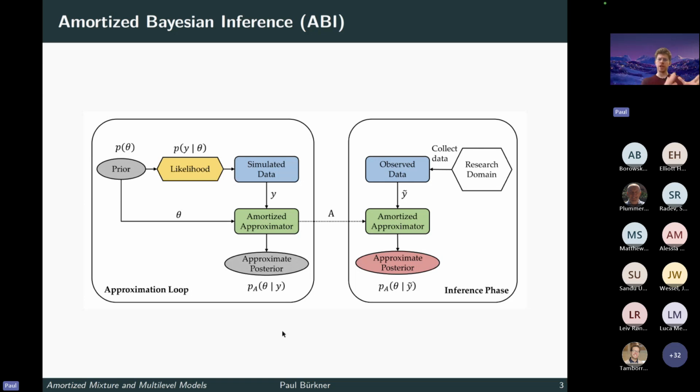So during the training phase, during the approximation loop, we are learning to approximate a posterior distribution from simulated data only. So we are simulating from our prior, we are simulating then from our likelihood, our data, and this goes into an approximator, usually a generative neural network, that then learns to approximate the posterior distribution given any potential data set. So we learn a functional of the posterior distribution given any data set we can put into that.